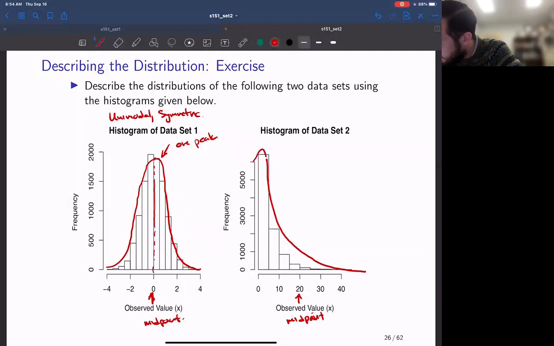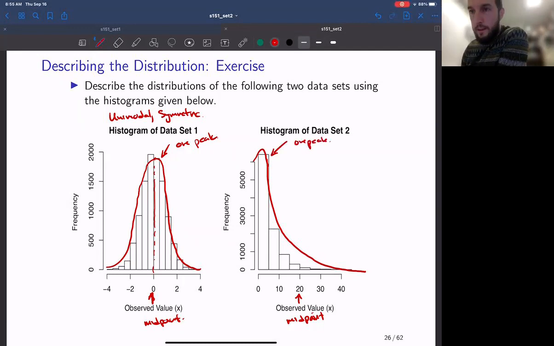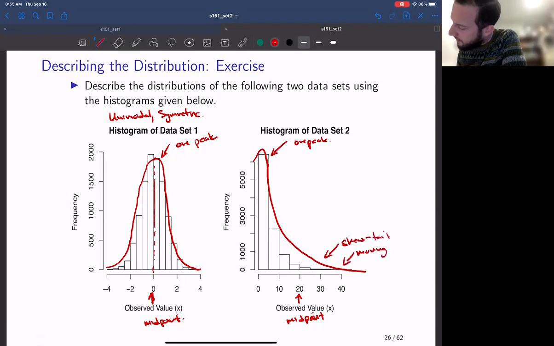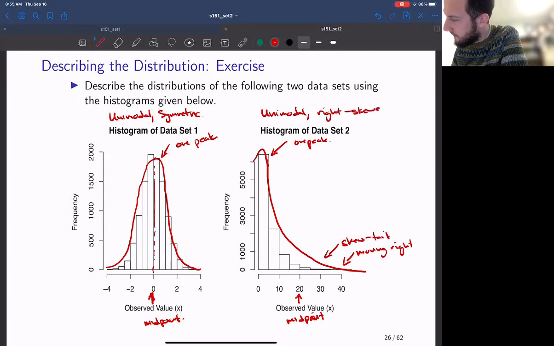So we'd sort of have like this kind of idea going on, if you will. All right, so again, what we can see is that there's one peak. In this case, we can see that the peak is left of the midpoint. So this would be a skew tail because it's definitely not symmetric. And this tail is moving right. So this would be unimodal right skewed.